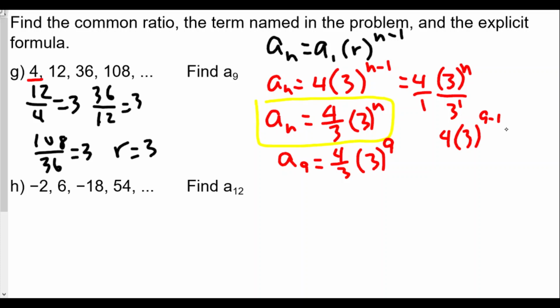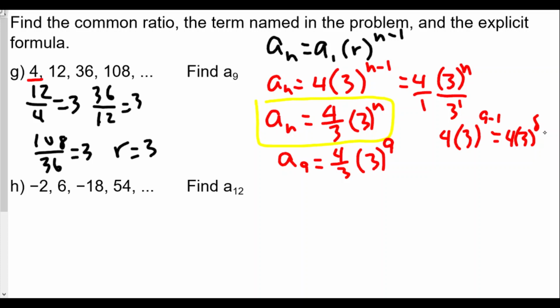And this might be a little easier because really it's 4 times 3 to the 8th power. So now let's calculate 4 times 3 to the 8th power on the calculator. We'll take 3 raised to the 8th power with your calculators. We get 6,561 times 4.